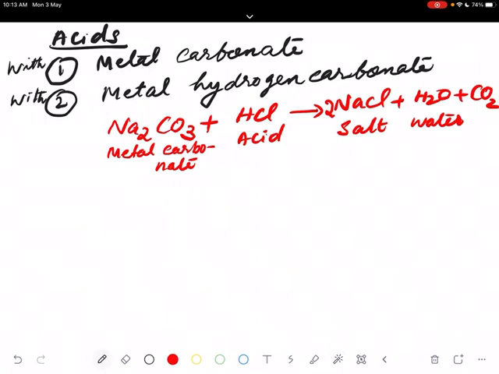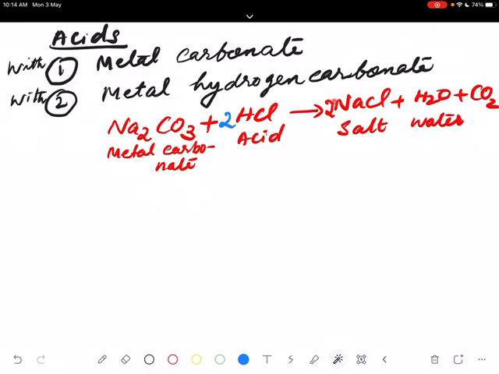Is it balanced? Now once again you check: Na2 to Na, 1 carbon, 1 carbon, 3 oxygens, 3 oxygens, 2 hydrogens, 2 hydrogens, 2 Cl, 2 Cl. So the equation is balanced.